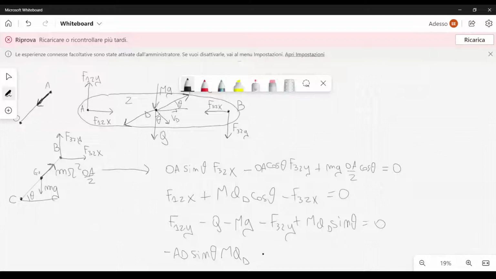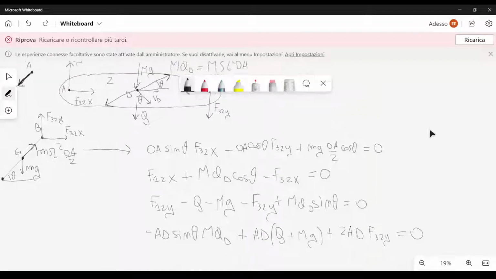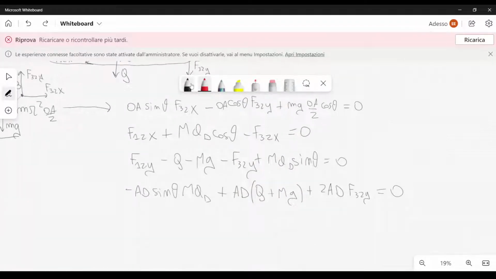Then we can write plus AD Q plus mg plus 2AD f32y, and this is equal to 0. So in this case 2AD is equal to AB. It is simply this length here. And we have 4 equations.